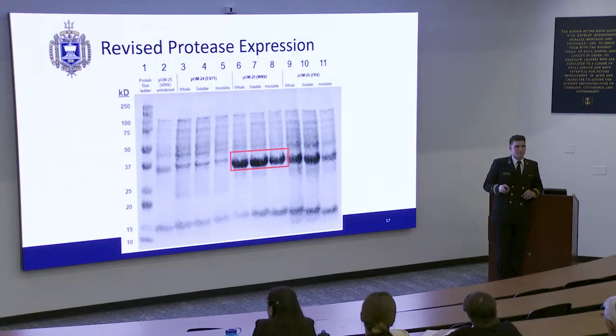The expression seemed to be the most successful. So that was encouraging. It was a little discouraging that it wasn't as successful for the other two viral proteases. But with that successful expression, we moved forward with attempting to purify the West Nile virus viral protease.